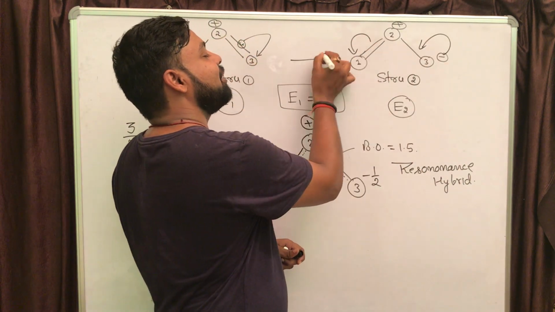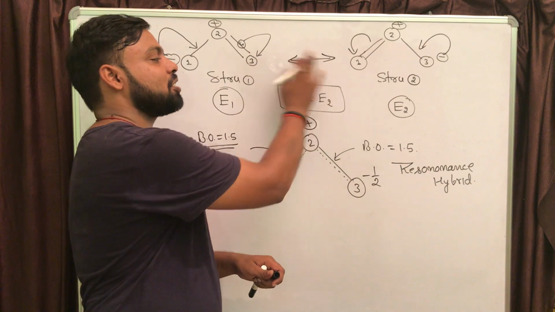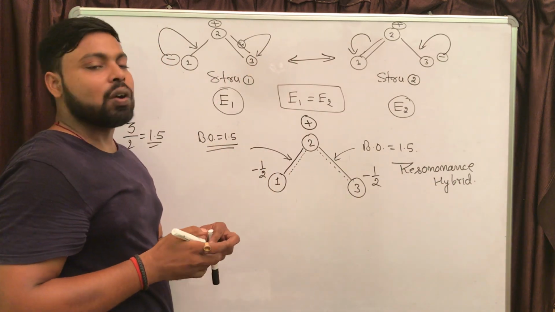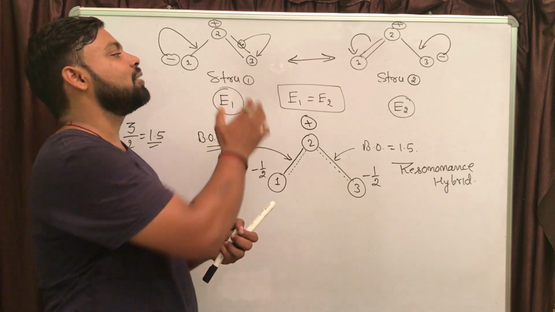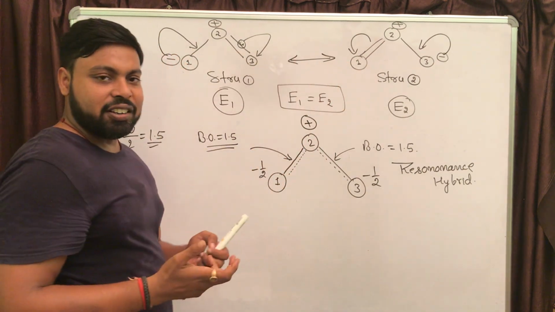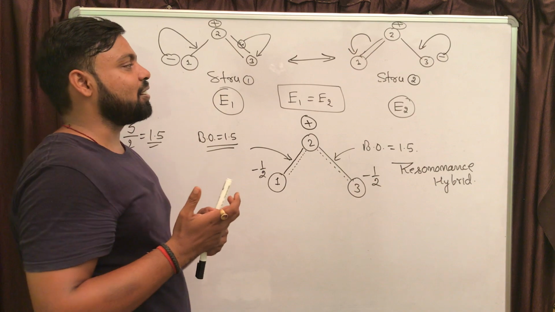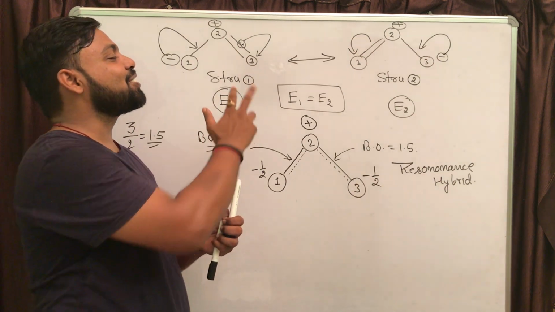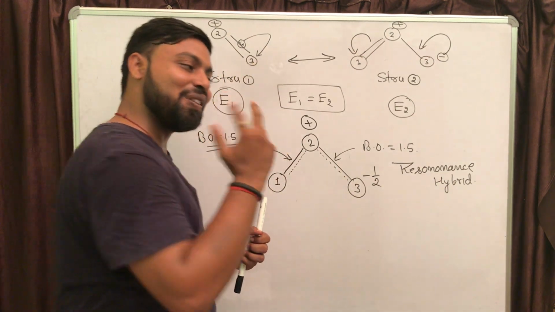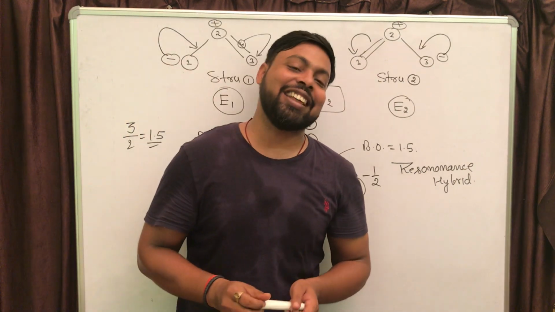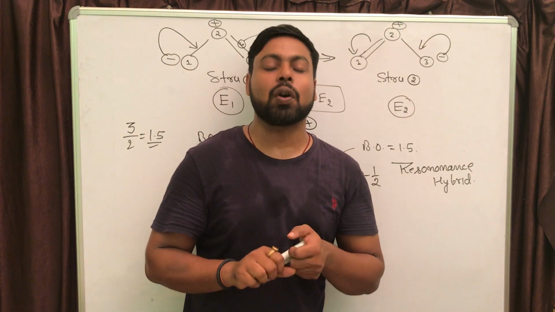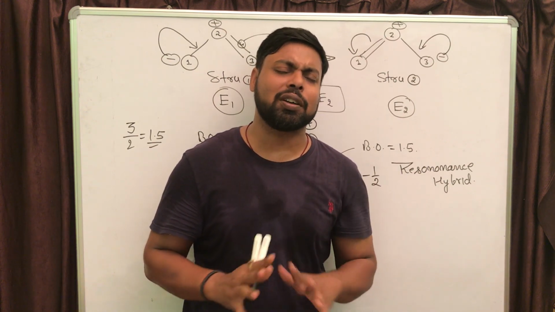They are saying that there are two structures, 1 and 2, which are not the real existing structures and are not going to explain the practical data. These are known as resonating structures or canonical structures. They are saying that these two structures are flipping into one another. That is a totally wrong concept.